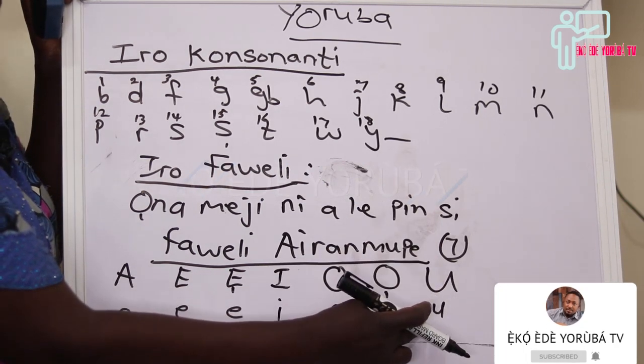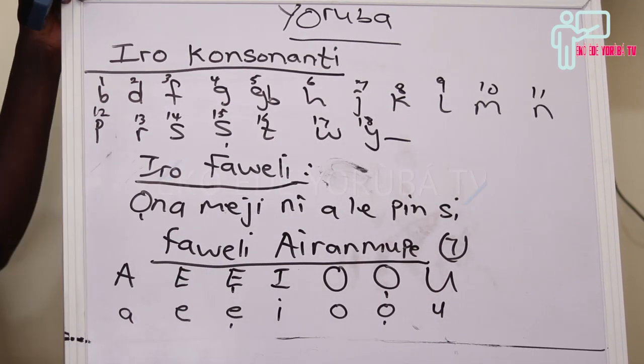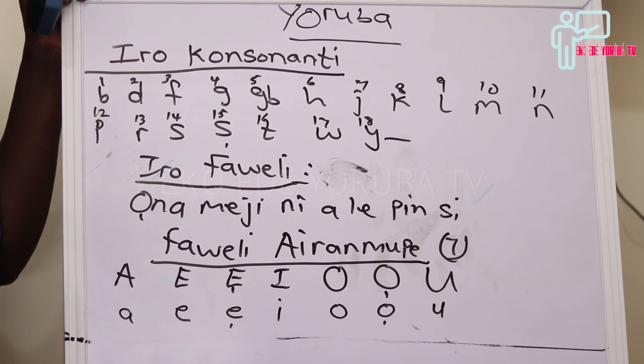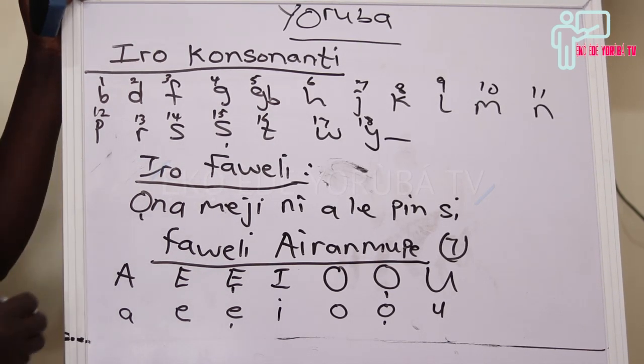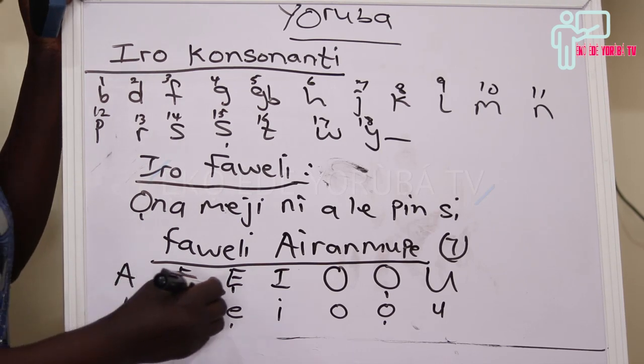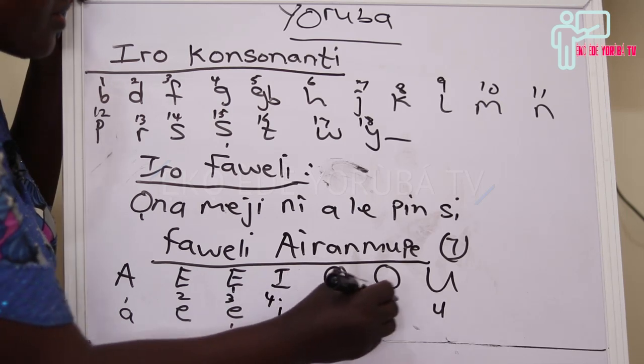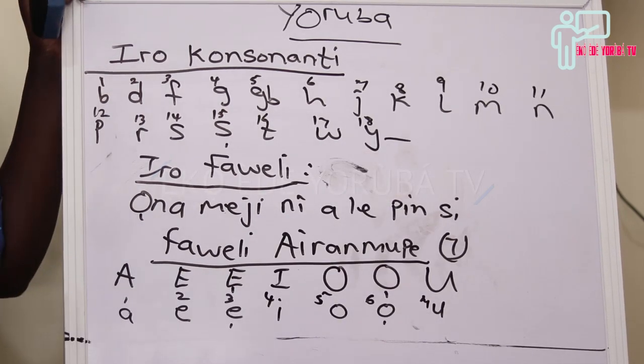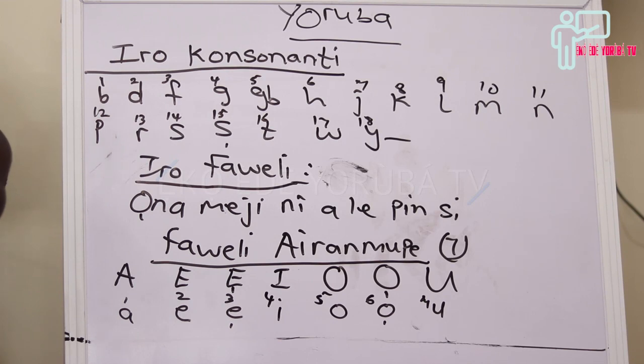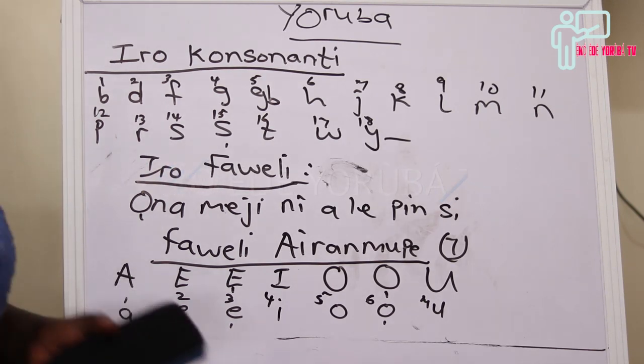Ula, U kékeré. There are 7 numbers. Méje. Let's count them. 1, 2, 3, 4, 5, 6, 7. Ó ṣe méje.